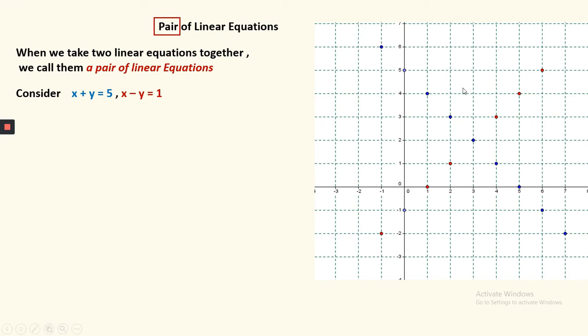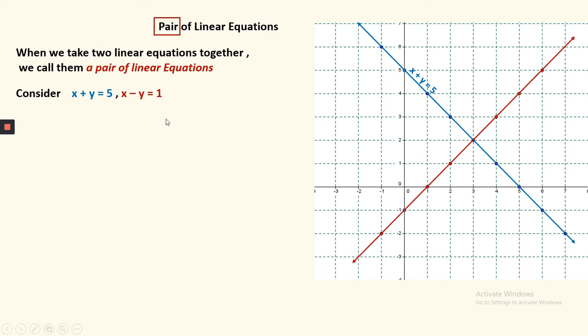Observing it on the graph of the equations, we already saw the graph of x plus y is equal to 5. In class 9th, you learned how to draw the graph of a linear equation. So here I am showing the graph of the first equation x plus y equal to 5 and the graph of the second equation x minus y is equal to 1.